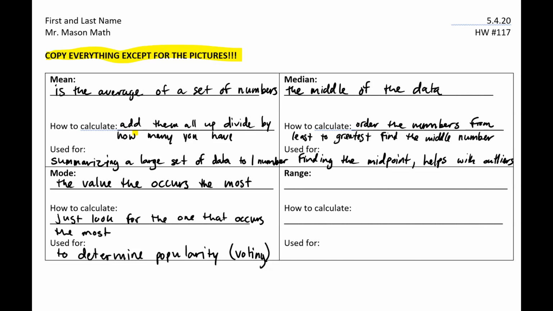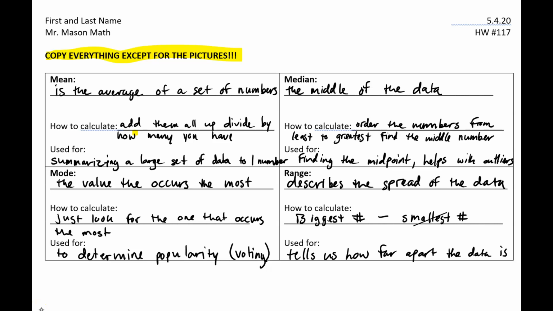Lastly, we have the range. The range describes the spread of the data. We calculate it by doing the biggest number minus the smallest number. And what do we use it for? It kind of just tells us how far apart the data is. So if, for instance, I'm talking about my 7th graders and the homework they do, and I got somebody down at 0 minutes and then I got somebody down at 100 minutes, I could say the median or the middle, but I can't really say on average, my students do this or the middle of this.